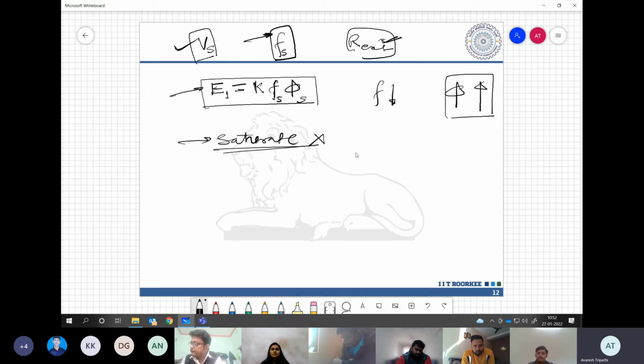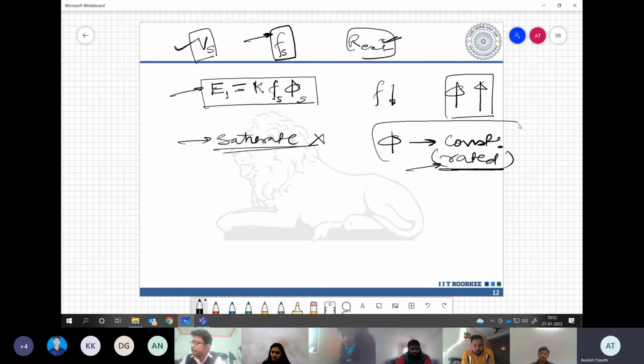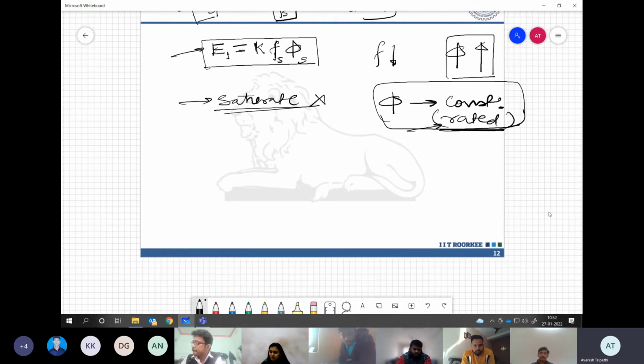So somewhere we have to maintain this flux value at a constant number, and for better utilization, at the rated value. We will see one more explanation of why we are keeping it at rated value a little bit later. So now this flux should be maintained constant.